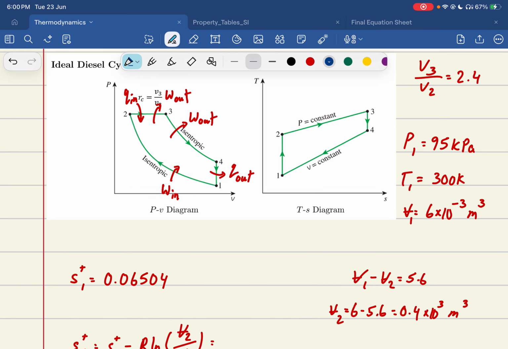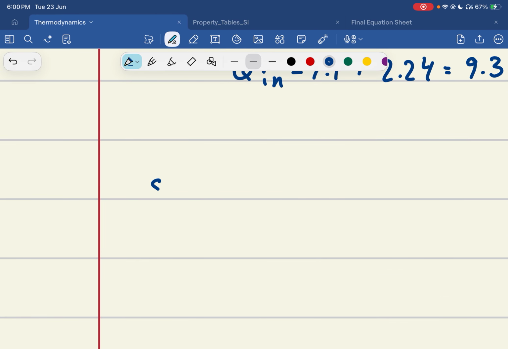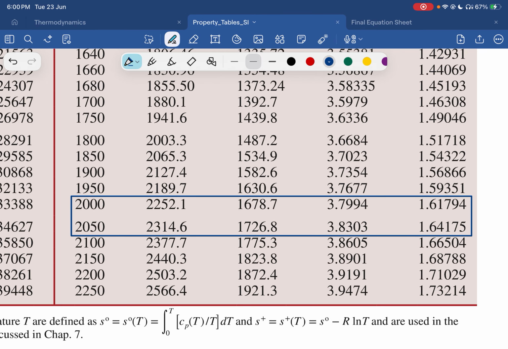So now we want to find S plus 4. We can find S plus 3. So S plus 3, also interpolation. So from these values, we're going to use 1.64175 minus 1.61794.